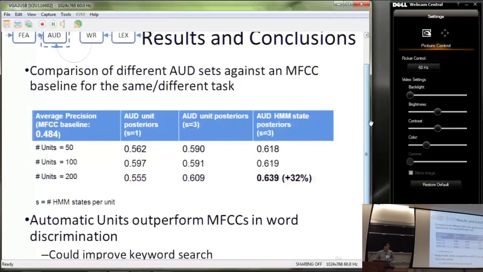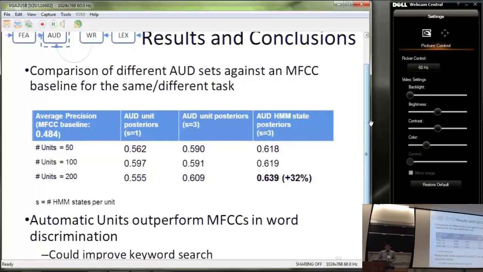From the table, we can see that all the AOD posteriors perform better than the MFCC baseline. If you look at the first line, which is the 50 units, the three-state AOD unit posteriors are better than the single-state AOD posteriors because it uses the HMM to model the temporal information.